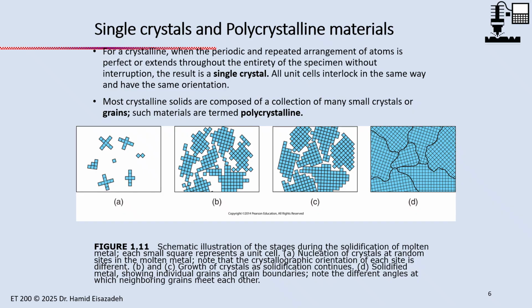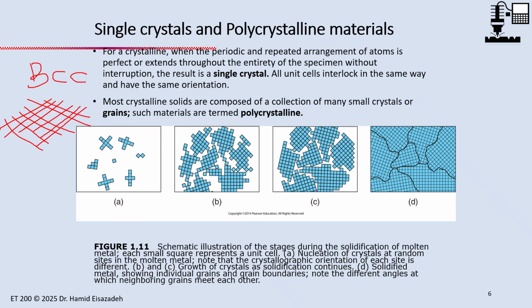Also, we discussed single crystal and polycrystalline material. If we have a material where all the unit cells, the BCC or FCC, are in the same direction, for example, this is showing the unit cell, all of them are in the same direction, then we have only one grain, and it's called a single crystal.